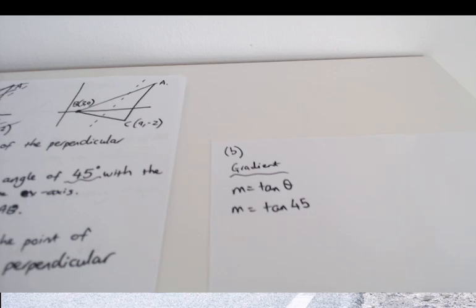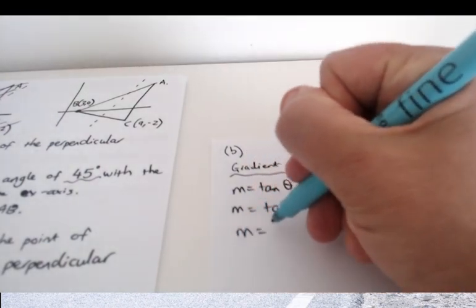At this point we haven't covered the trig unit, so I would expect most of you will have to dive to your calculator and do tan of 45. When we go through the trig unit, we will go back over this in greater detail and show you something called exact values. So if you use your calculator, tan of 45 is going to give you a gradient of 1.